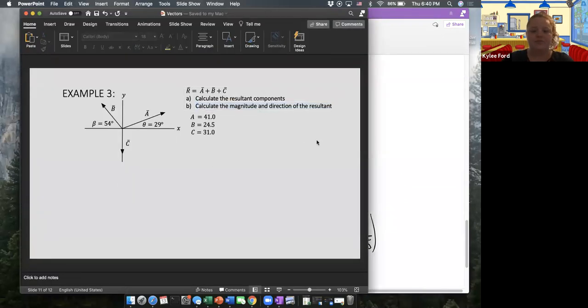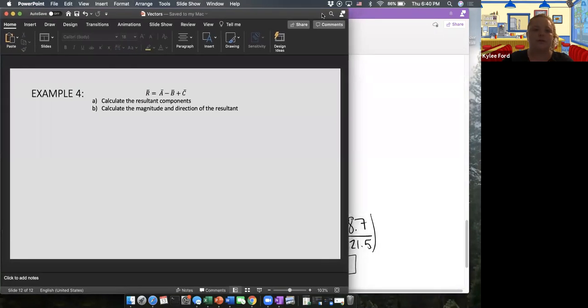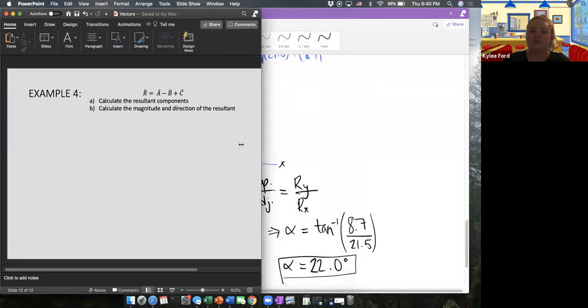So one last thing I want to look at is this last example, which is going to be very, very similar.